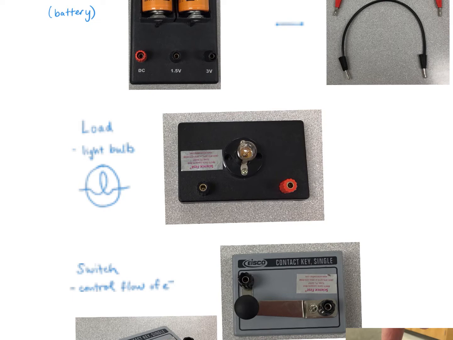Next, we have our light bulb. So here you can see this is the bulb, and there's 2 terminals where you insert the end of these leads into each of these holes. You'll notice that they are rubber on the outside, insulating material, and then metal on the inside.